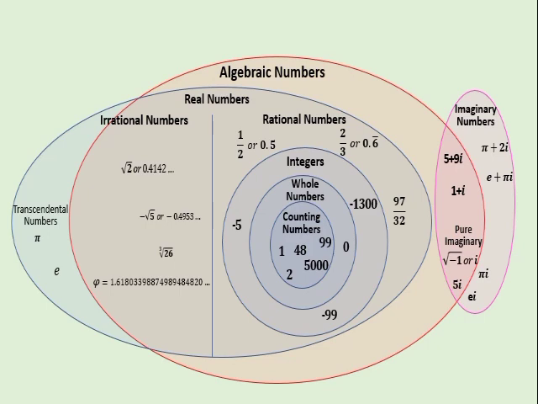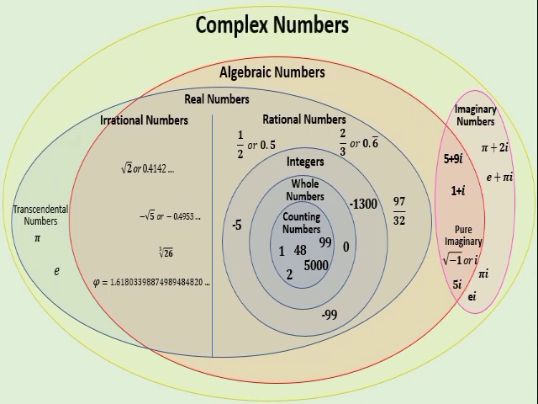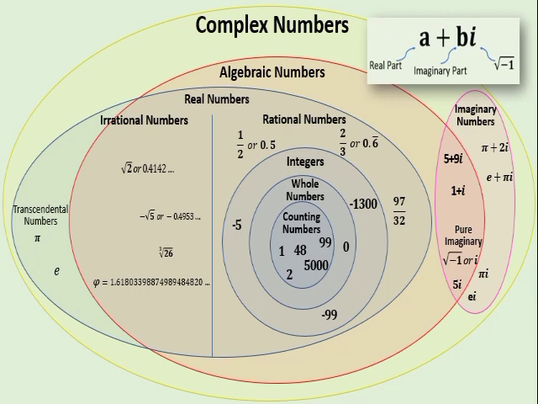Now, combinations of real and imaginary numbers make up the complex numbers. Really, any real or imaginary number can be in the form a plus bi, where a and b are real and i is imaginary. The values of a and b can be 0, so the set of real numbers and the set of imaginary numbers are subsets, or parts, of the set of complex numbers.